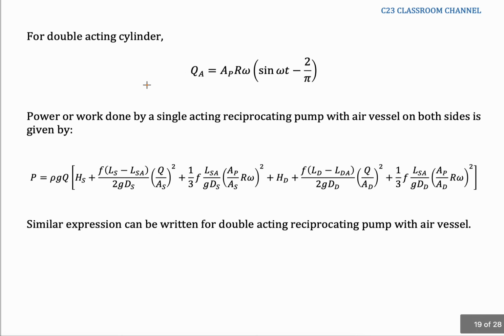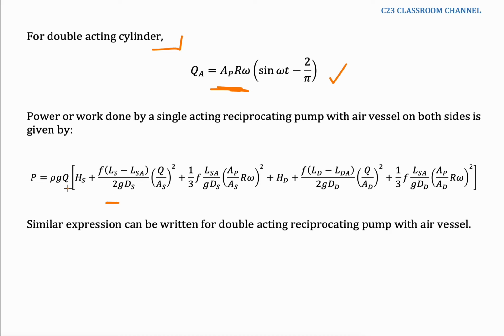This is just for your notes. If the piston pump is a double acting cylinder, we can calculate the flow rate for the air vessel as shown here. The power or work done by a single acting reciprocating pump with air vessels on both sides is given as this one.